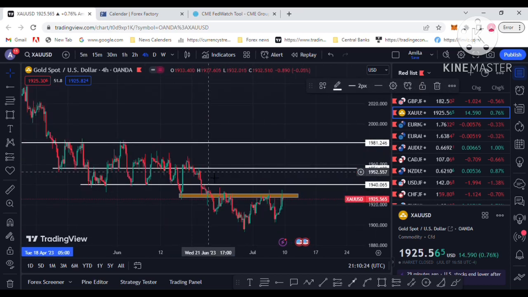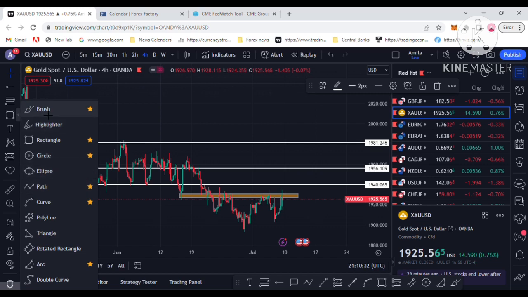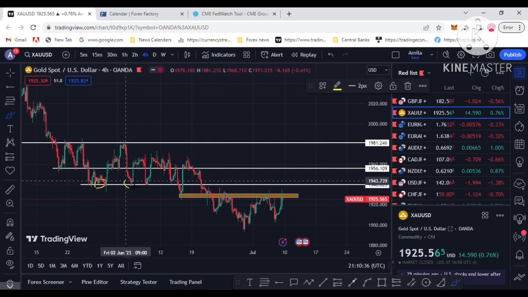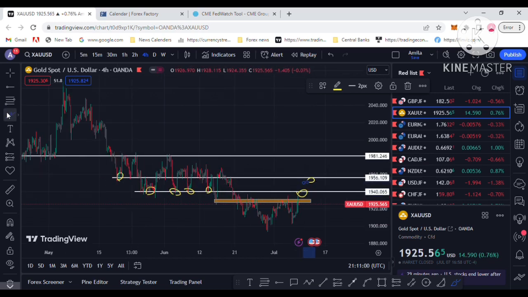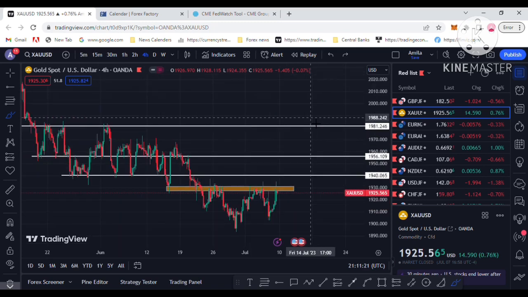You can see several supports on the left side, and they can be resistance on the right side. Here the support, the third and fourth supports, can become resistance on the right side, at the 1930 level. Then this support can be resistance here at the 1940 to 1955 level. Then the 1980 level is a left side support that can be resistance here. Support becomes resistance, SBR, is the simple technical analysis theory.